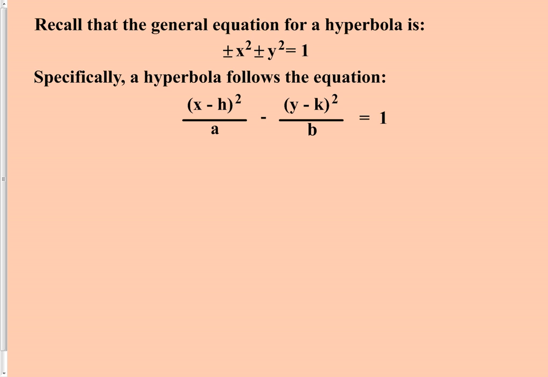And similar to the idea of the ellipse, we have the possibility of disagreeing denominators for our hyperbola. So you have x minus h, quantity squared, over a, minus y minus k, quantity squared, over b. And of course, they always equal 1.